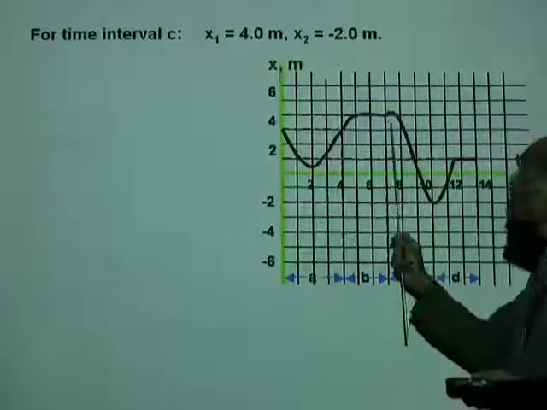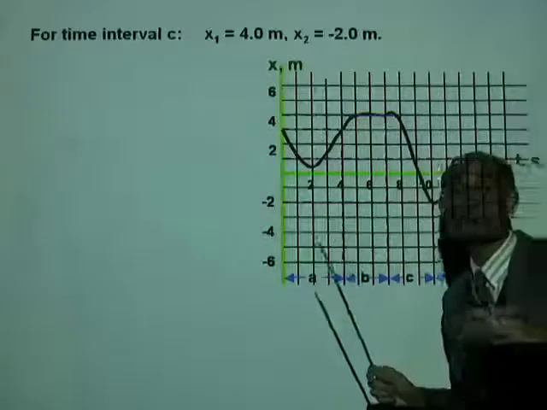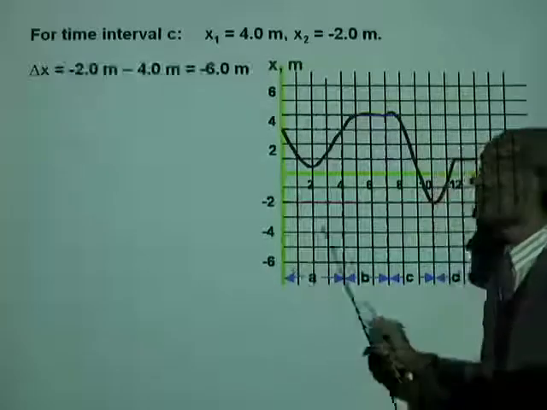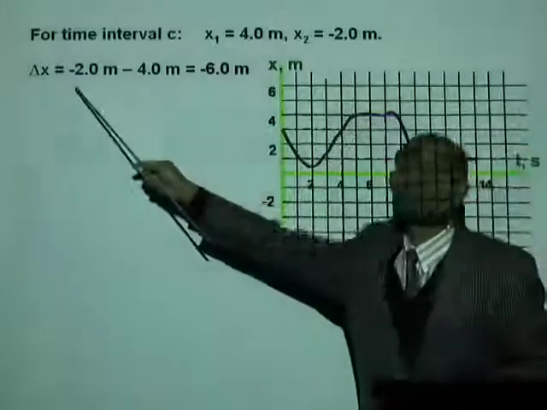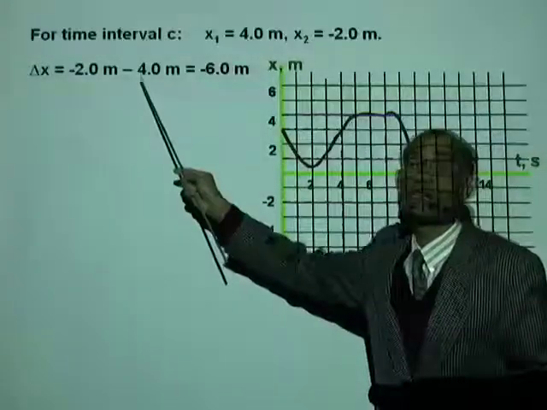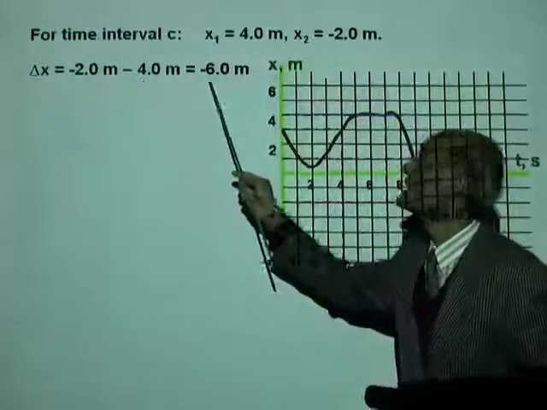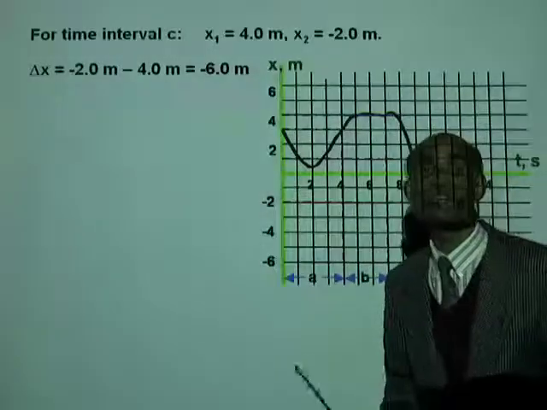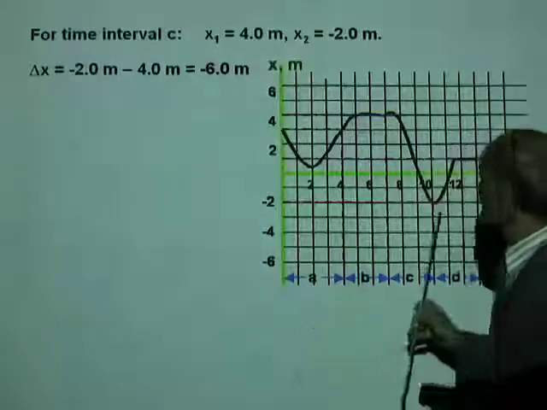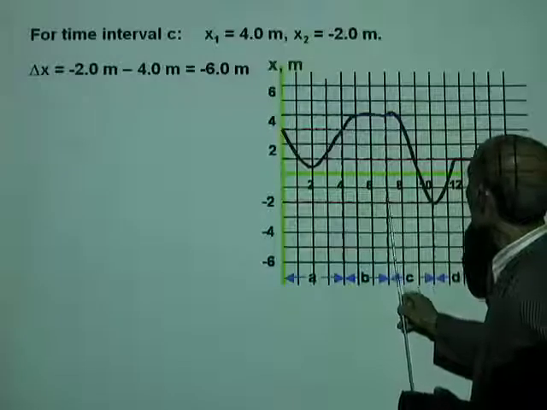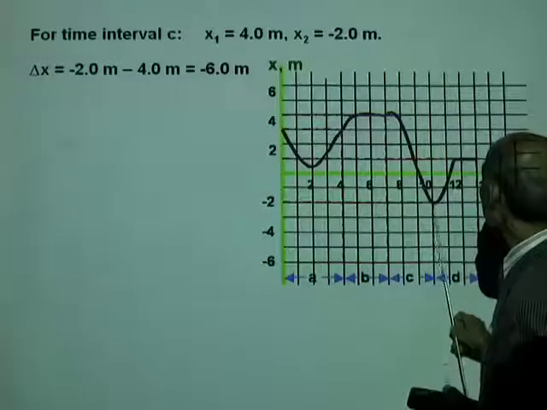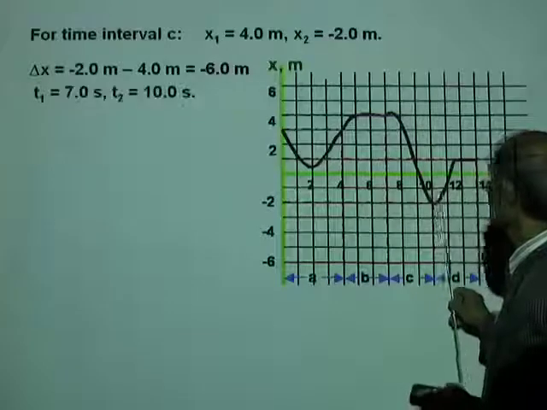What is the displacement? What is the change in position? It is the final position minus the initial position. -2 meters minus 4 meters, that is -6 meters. And what is the time interval? T1 is 7 seconds. T2 is 10 seconds.